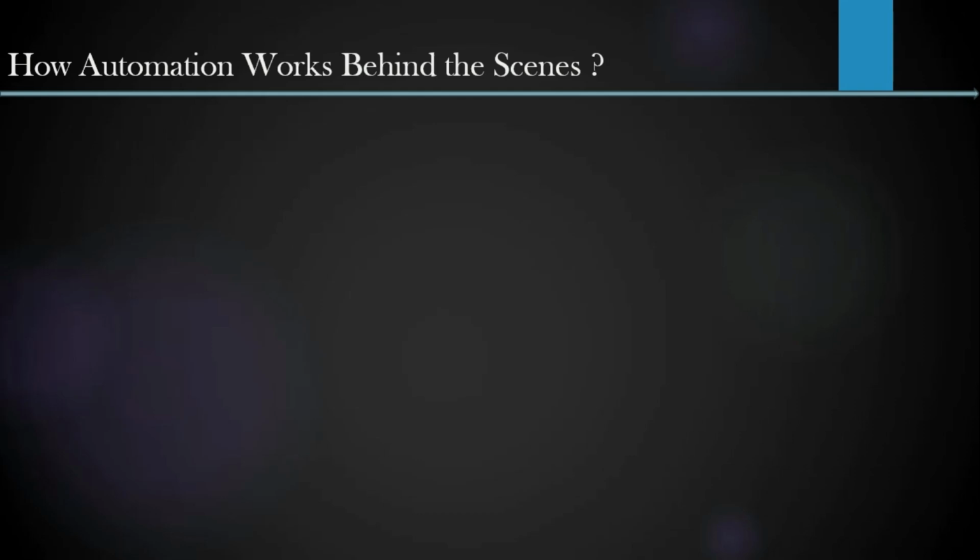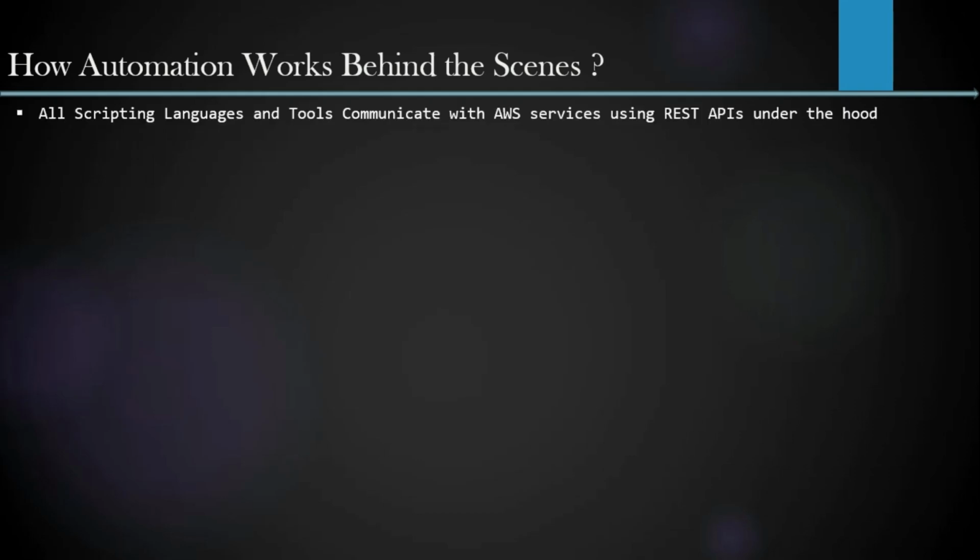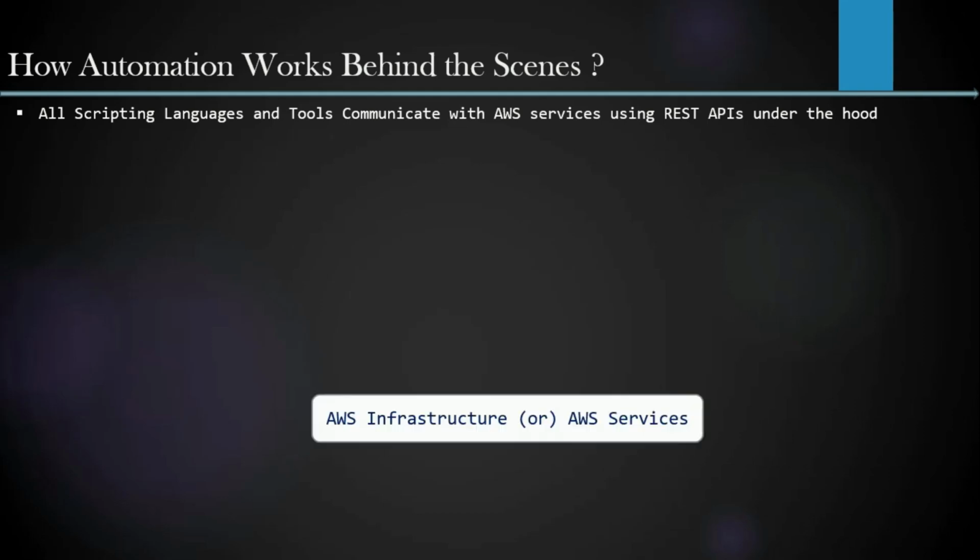It's very important. See, all scripting languages and tools communicate with AWS services using REST APIs under the hood. Let me explain that. Assume that you have your AWS infrastructure or your AWS services. Now, the easiest way to communicate with your AWS infrastructure is from the AWS Management Console.